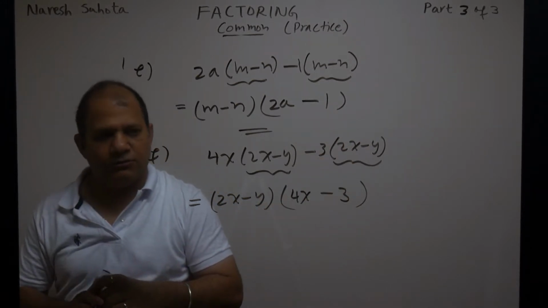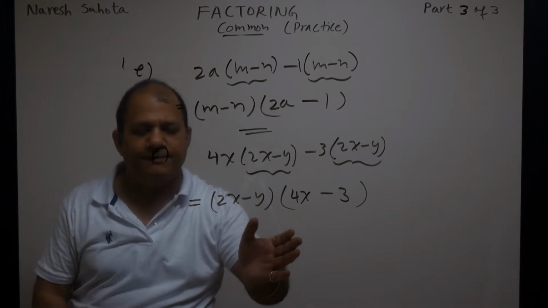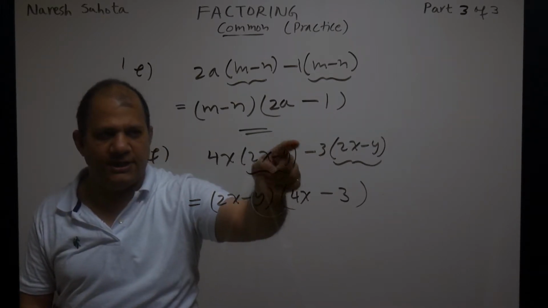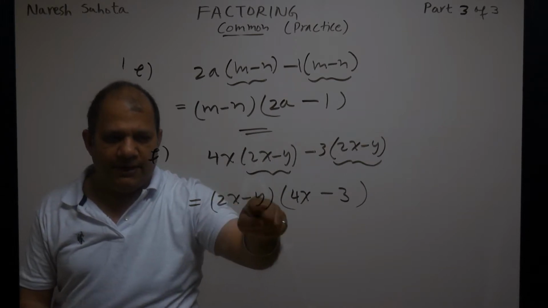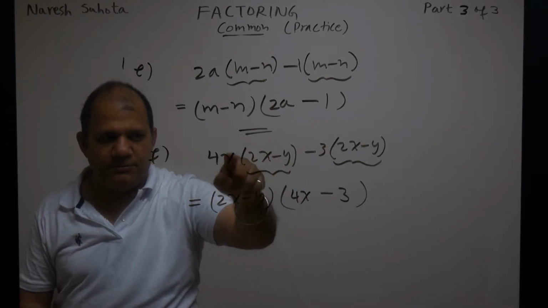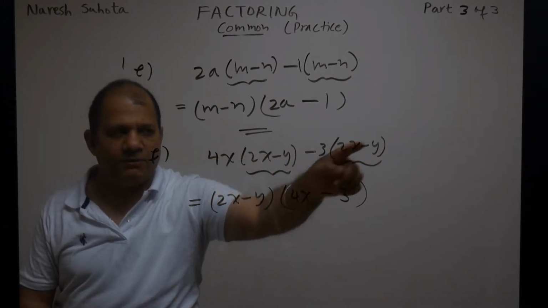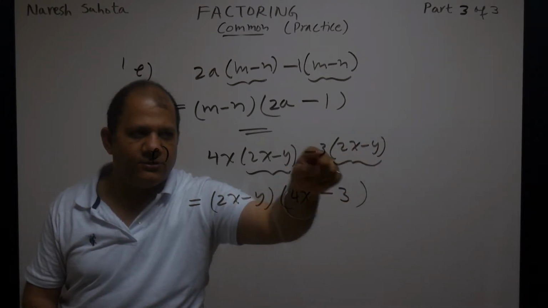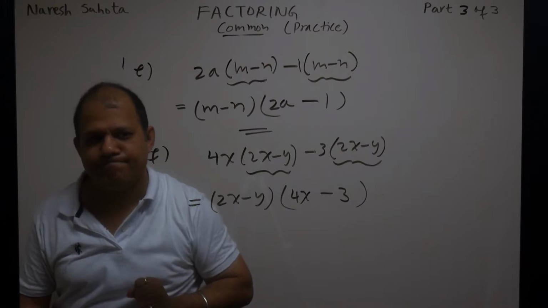Right? If you are not sure, you can always do it the long way. You could take this term, divide by the common factor, and you're left with 4x. Take this, divide by this, these cancel, you're left with negative 3.